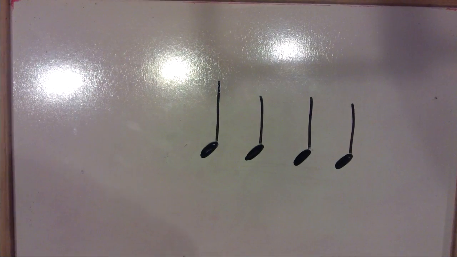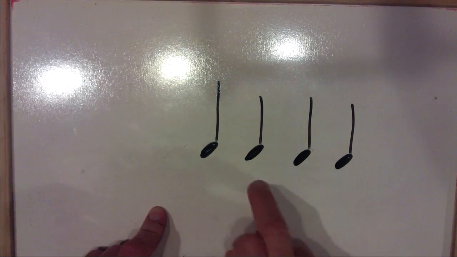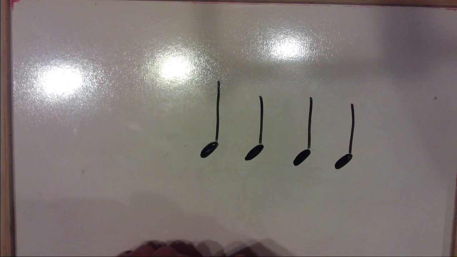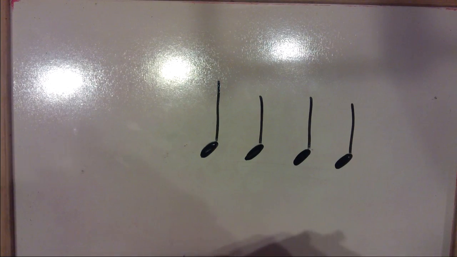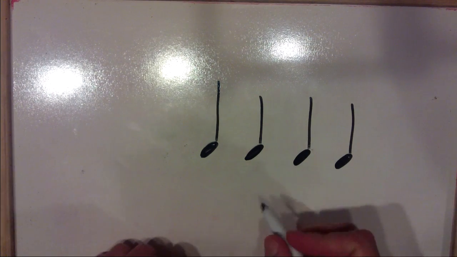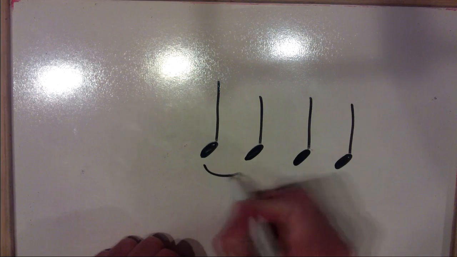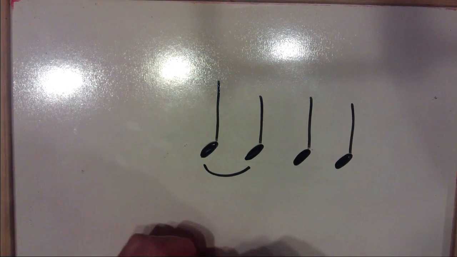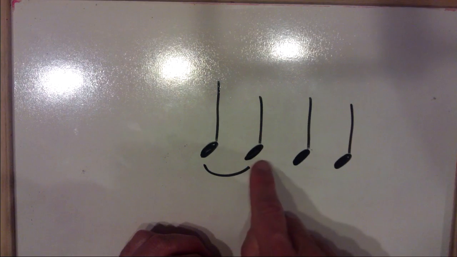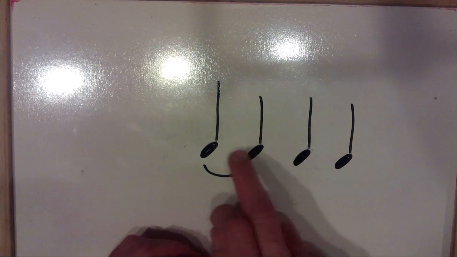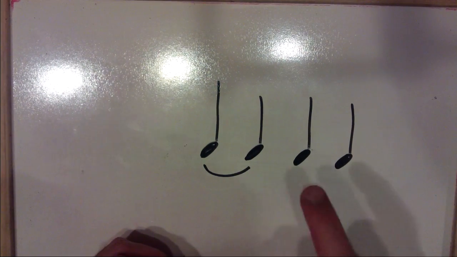If I play this, it is going to sound ta ta ta ta. Now what happens if I merge two of them together? Then instead of hitting here, I'm just going to extend the sound. That's going to be ta ta ta.